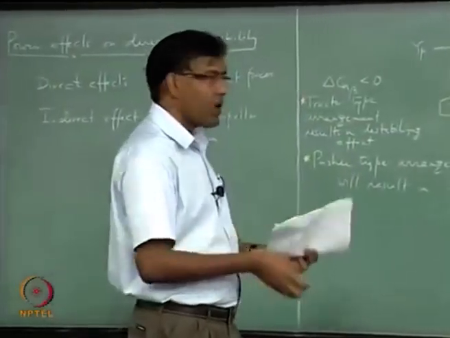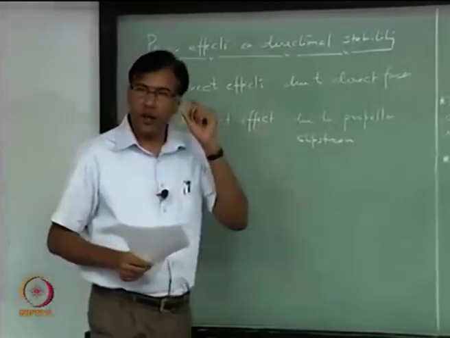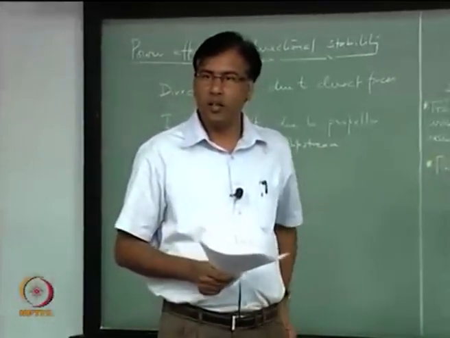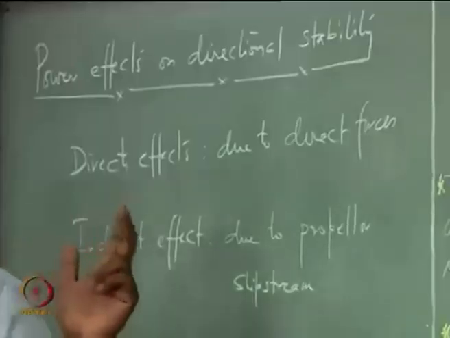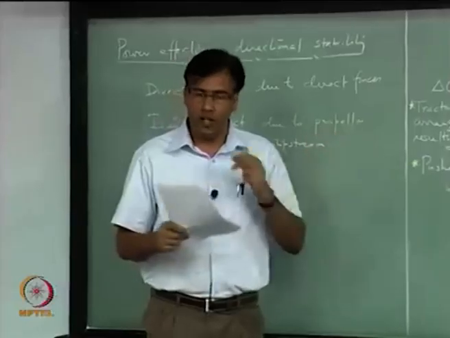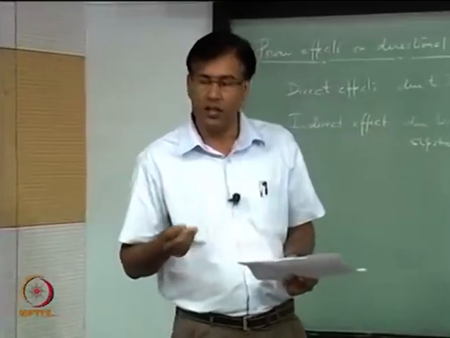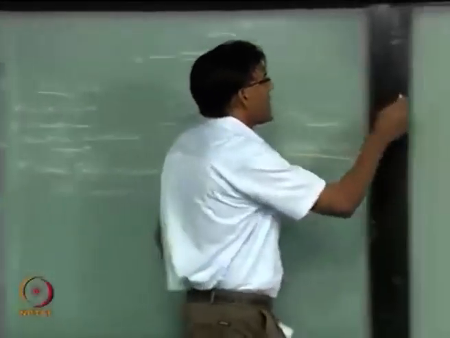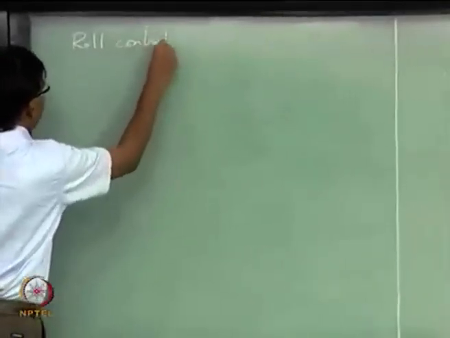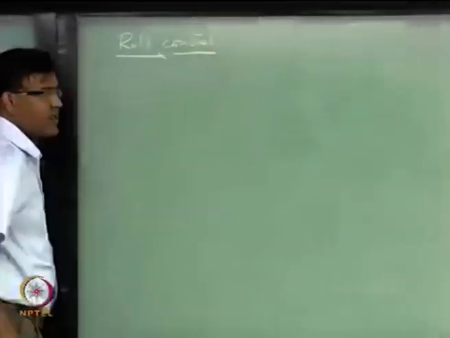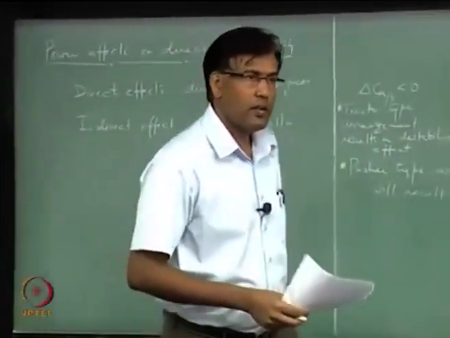Okay. Now, so we are more or less done with this part. The only thing remaining is, we also looked at the directional control, right. So, one control which is left is now the control in roll, right.